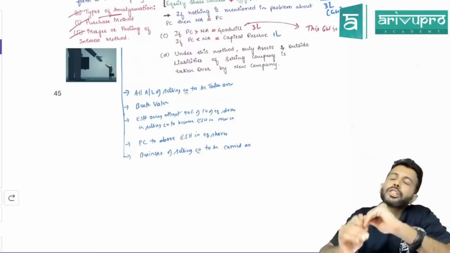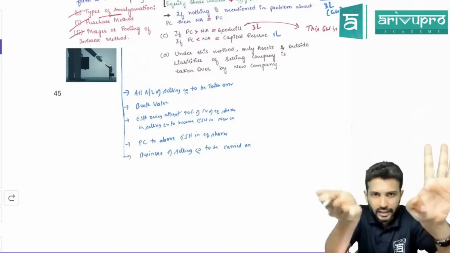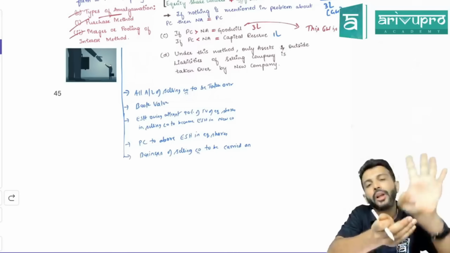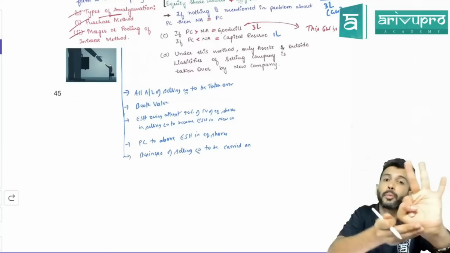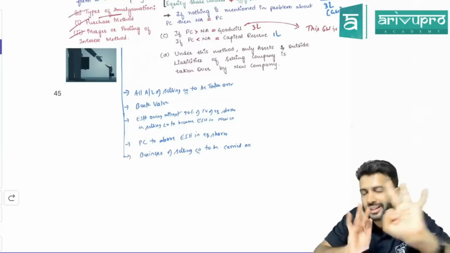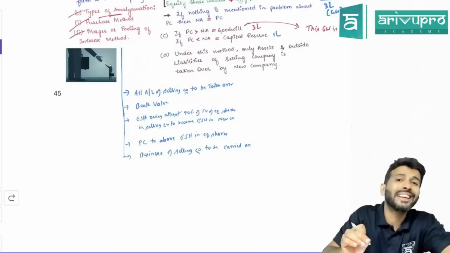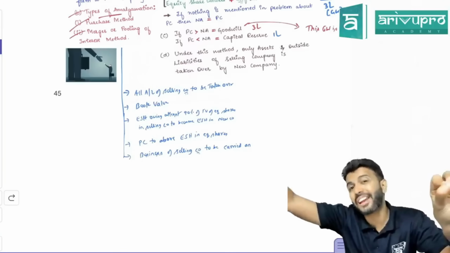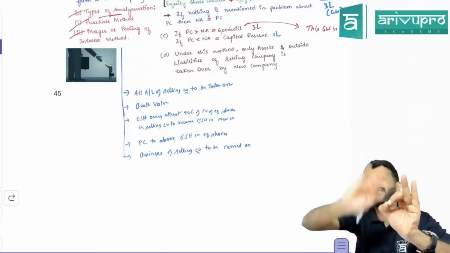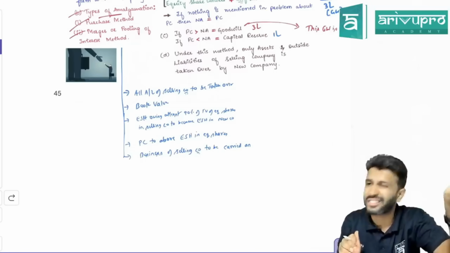So what are the 5 conditions of merger method? One, all assets and liabilities of the selling company have to be taken over by the purchasing company or new company, and all of them at book value only. No adjustments to be done. Second one is this. Third, the shareholders who are holding minimum 90% equity shares in the selling company should also become equity shareholders of the purchasing company.